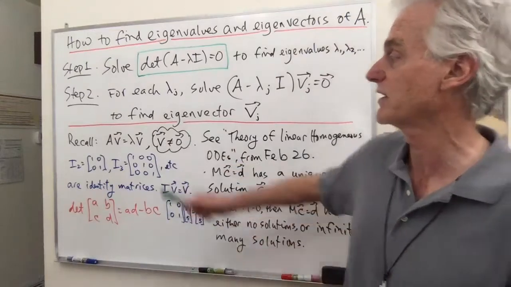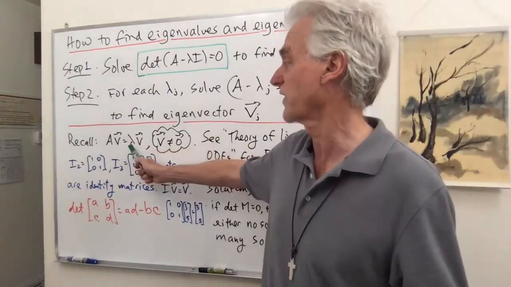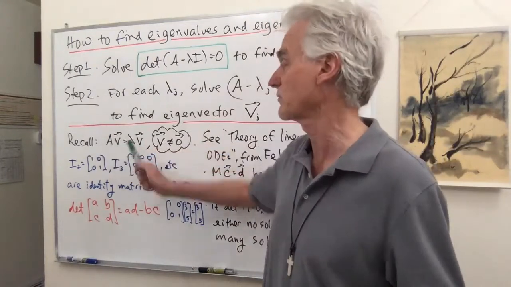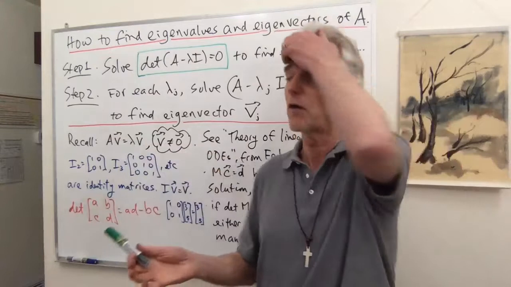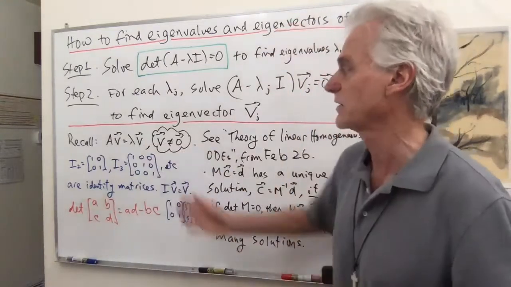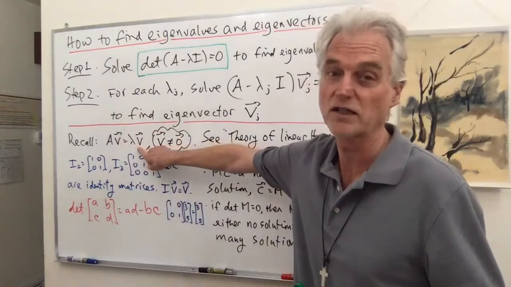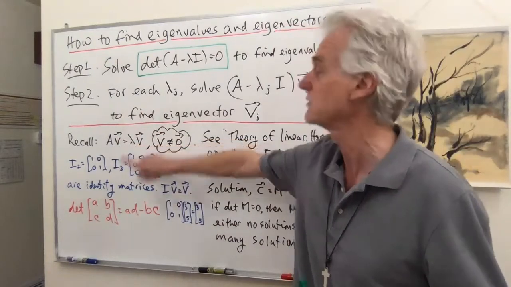If you think about it, the zero vector works for any lambda, right? Because I get 0 on the left and the 0 vector on the right, and they're equal. So you only get an eigenvector and the corresponding eigenvalue if you have a solution with a non-zero vector V.